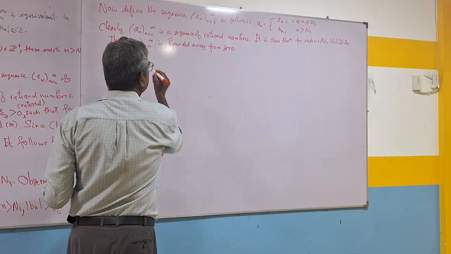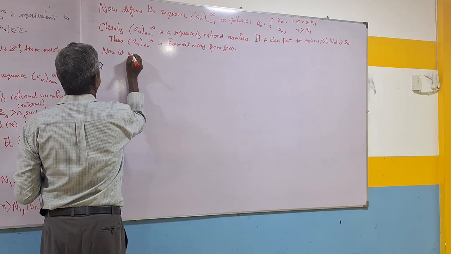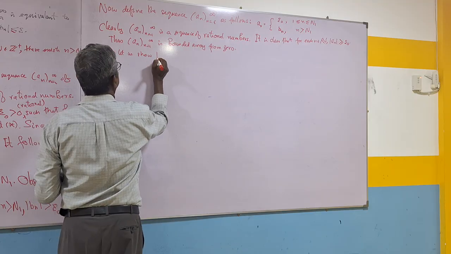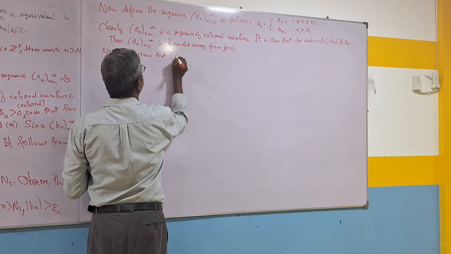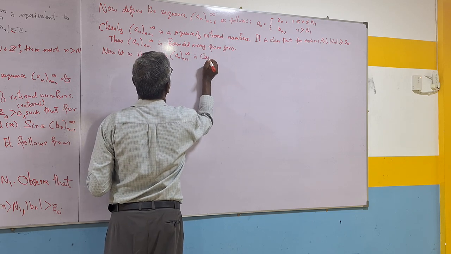Now let us show that An, n going 1 to infinity, is Cauchy.